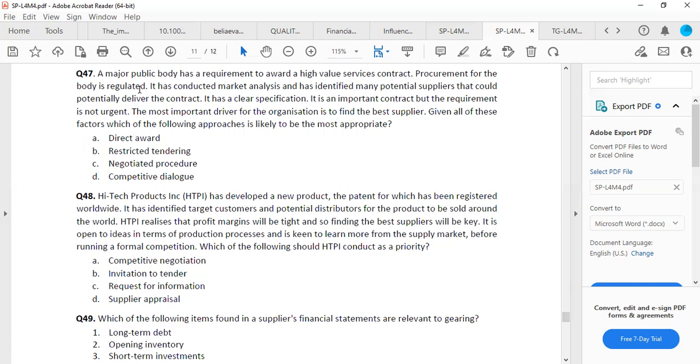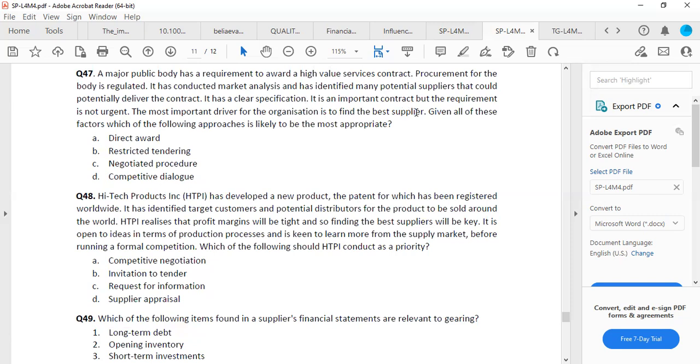Question 47. A major public body has a requirement to award a high-value services contract. Procurement for the body is regulated. It has conducted market analysis and has identified many potential suppliers that could potentially deliver the contract. It has a clear specification.